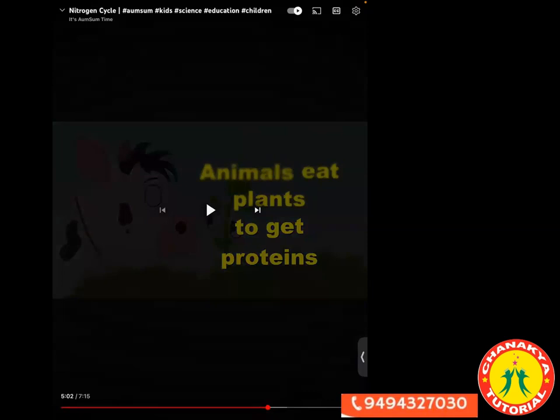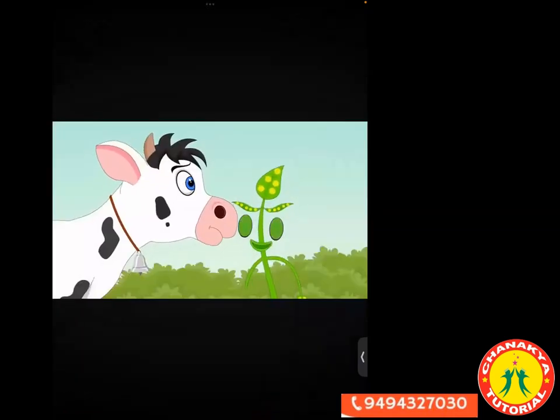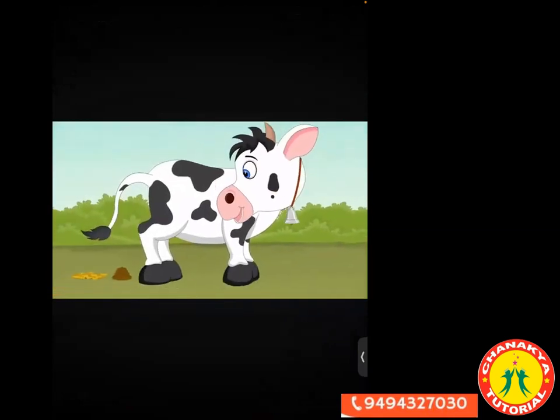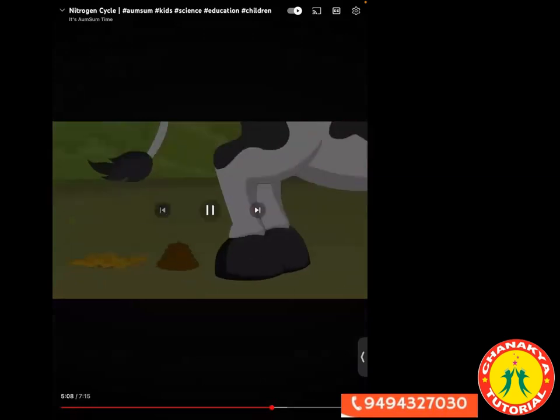And that excreta also has what? It has the nitrogen. And now that nitrogen goes where? In the soil. So like this, it keeps on going. You can see after eating the plant, he started releasing the excreta.